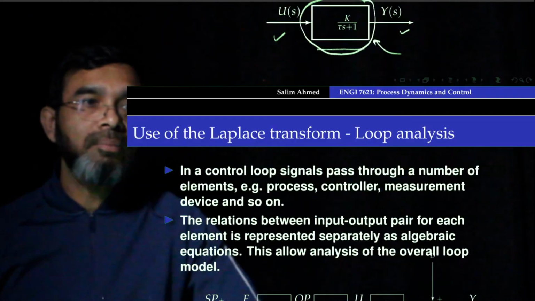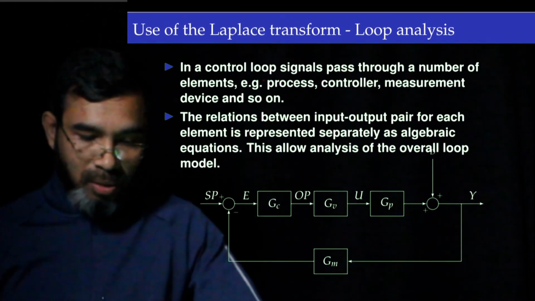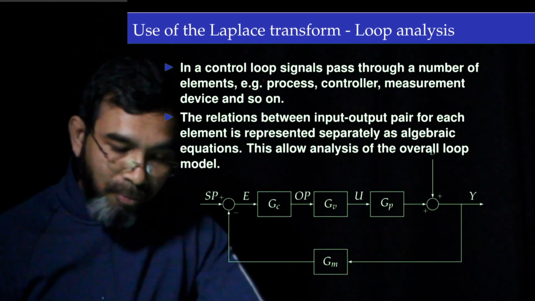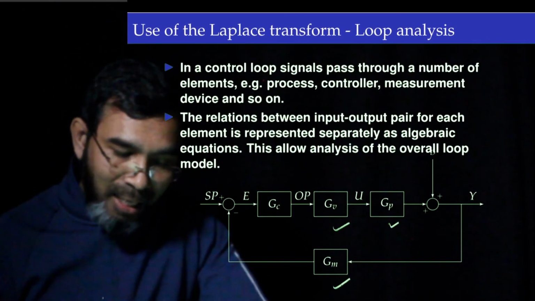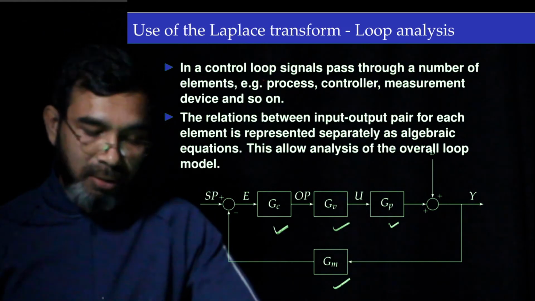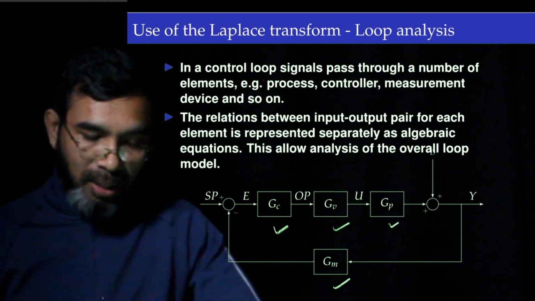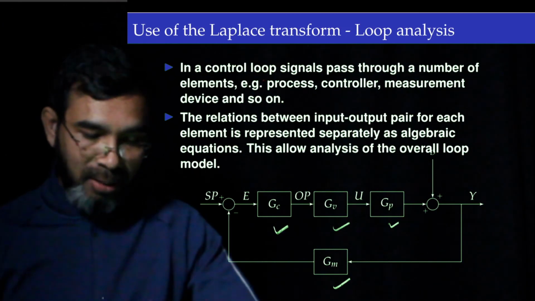Okay. The other thing is that when you have different elements in a loop, it can have a differential equation model. If you want to analyze those in the time domain using a set of differential equations, that becomes much more complicated.